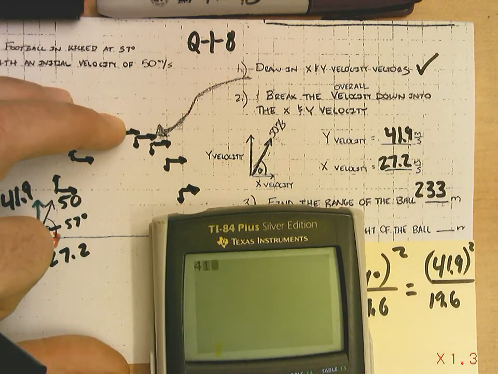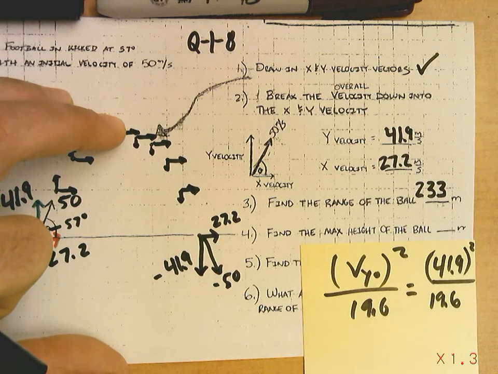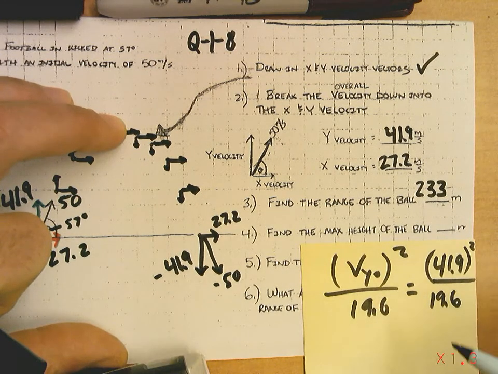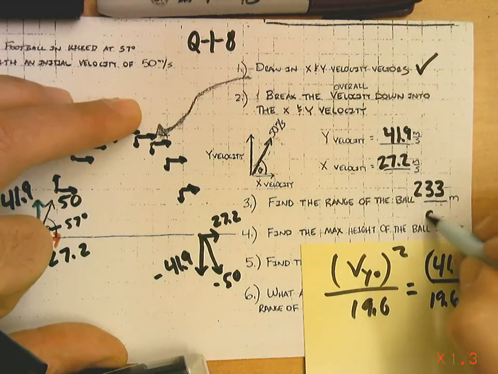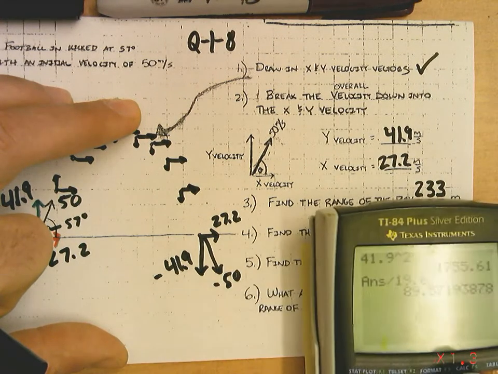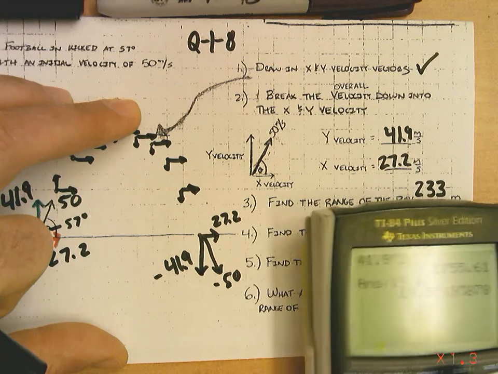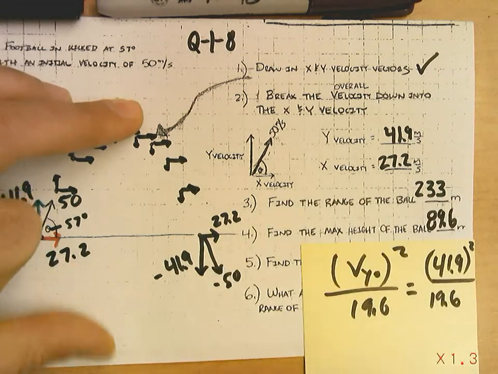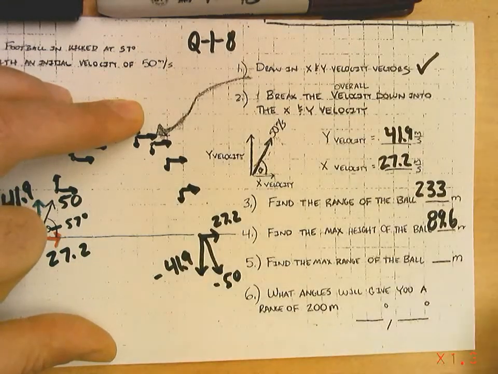Vector calculator, what am I doing here? You got to be kind of smart and do it at the beginning, and then you won't have to worry about those things. So our max height of the ball, I'm coming up with 89.6. So I just squared it and then divided by 2 times gravity. I got 89.6.